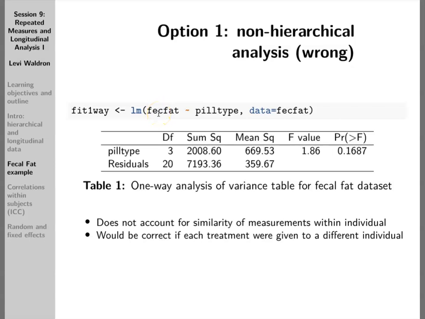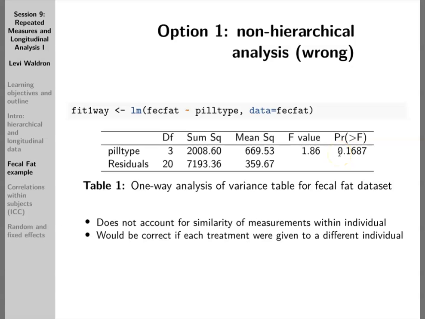The four measurements on each individual are correlated with each other. But if we go ahead and do it, we can get something that looks like an analysis of variance table. And if we do the F-test on there, we see that there's an F value of 1.886, p-value of 0.17.